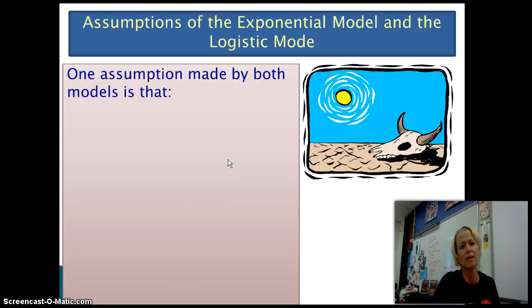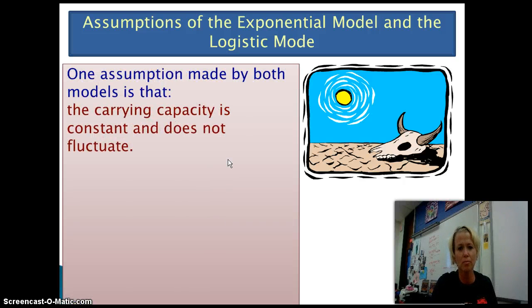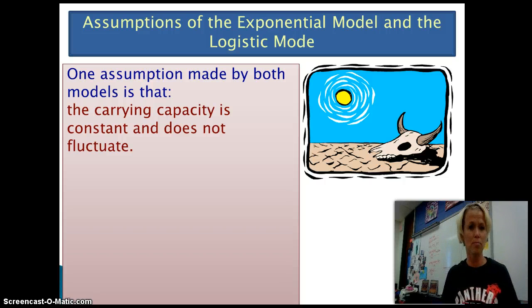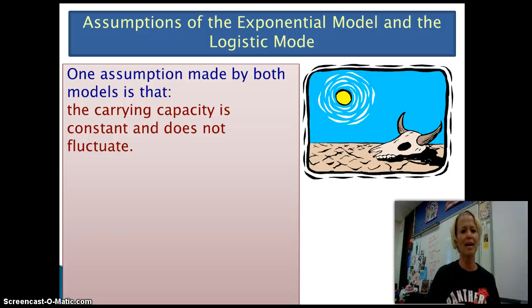So here are some assumptions of the exponential model and the logistic model. That should say model, not mode. So one assumption made by both models is that the carrying capacity is constant and does not fluctuate. We already talked about that. It actually does fluctuate in reality, but we don't need to show that exactly.